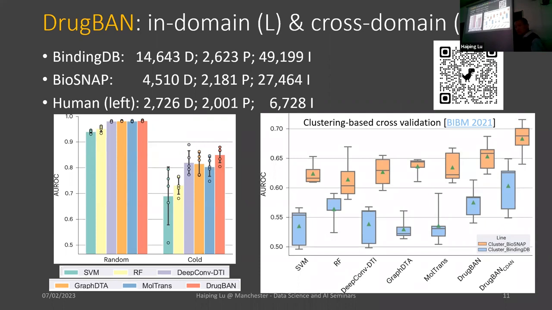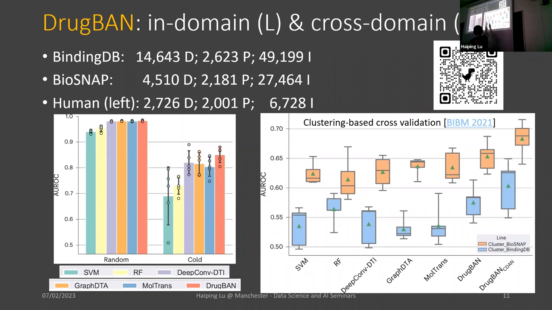So this is basically more like cross-domain evaluation, and for random split, that is really in-domain evaluation. That gives you an idea of how things can change. We tested the performance on three data sets, showing the number of drugs in the data set, the number of proteins, and the number of interactions.